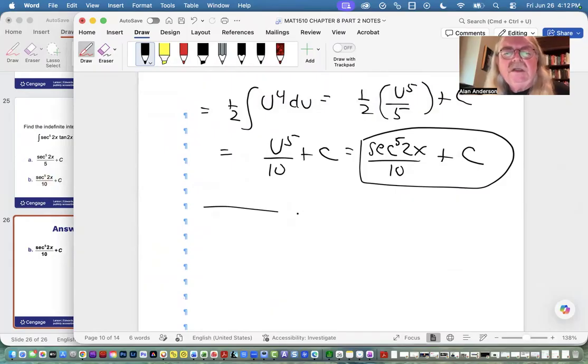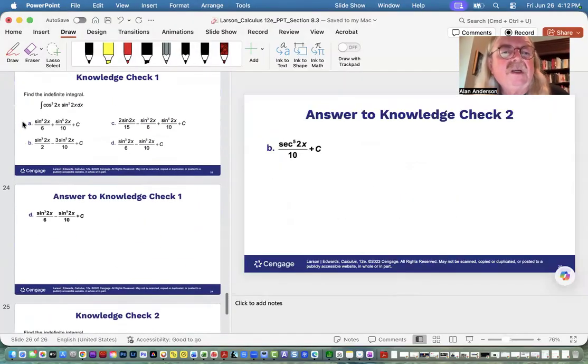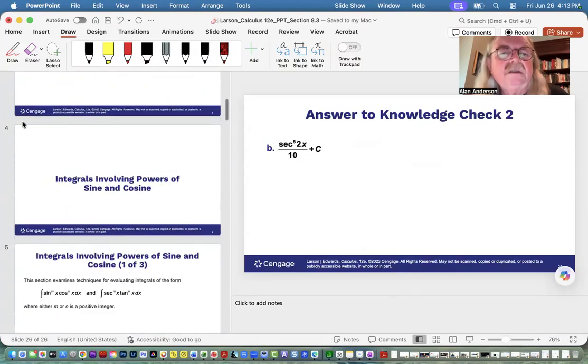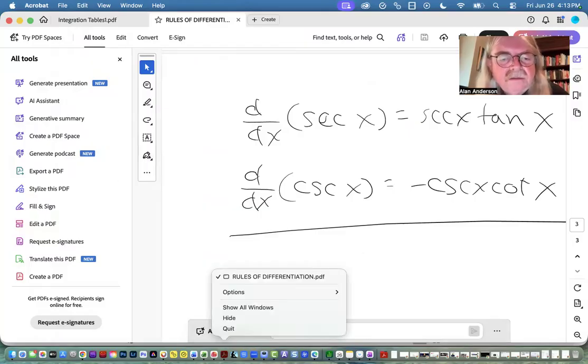Phew. Oh my God. Now, what's coming up next? That was 8-3 trig integrals. And of course, the whole point of this was to use those special cases and make the correct substitutions. What's going to happen in the next section is called trig substitutions.